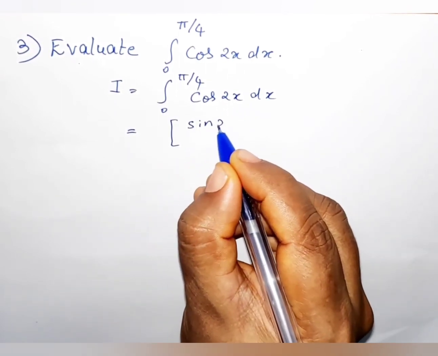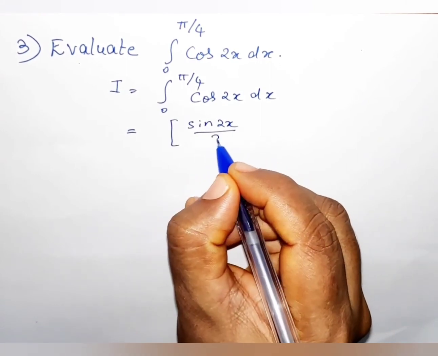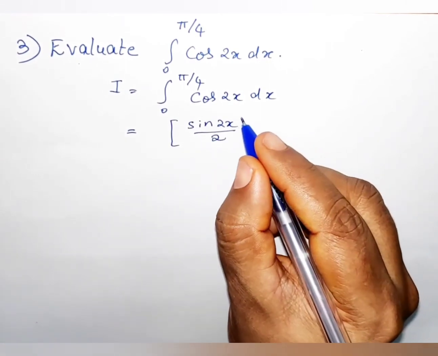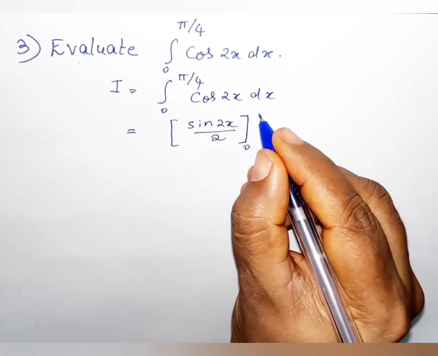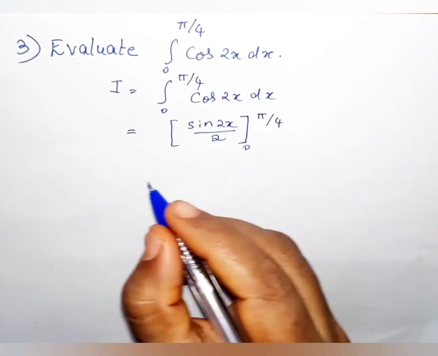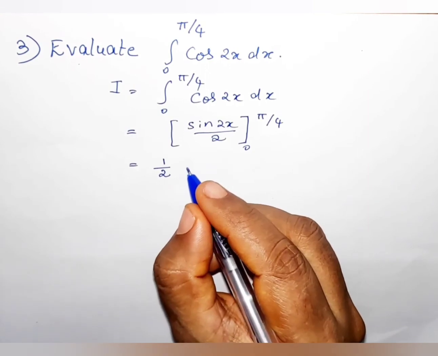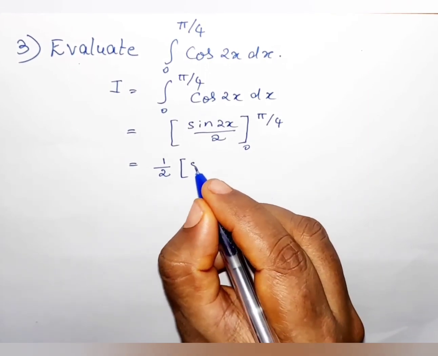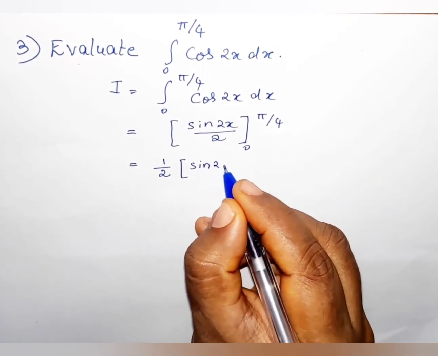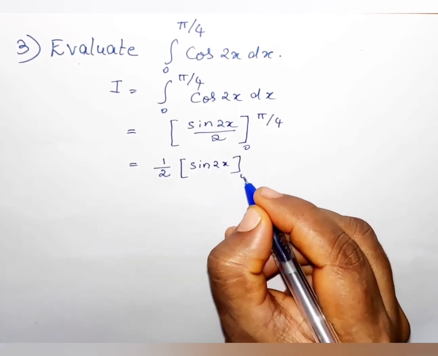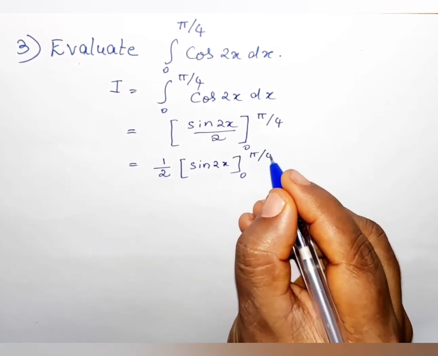Our cos 2x is of the form cos ax, which will be equal to sin ax by a, as we already discussed. So this will be sin 2x by 2, and we have to write the limits in the bracket, 0 to pi by 4. So half is a constant, remove it out, and let us write sin 2x with the limits 0 and pi by 4.